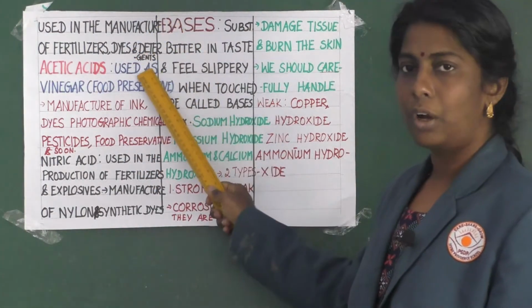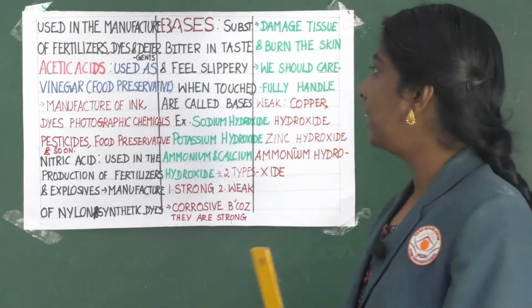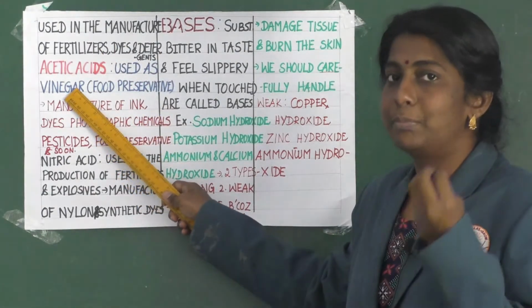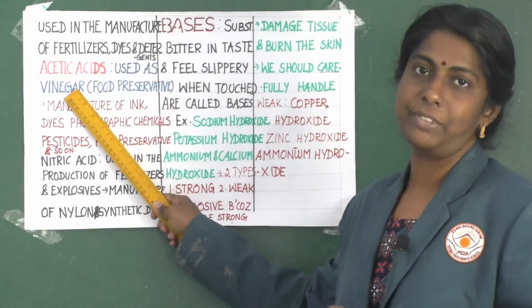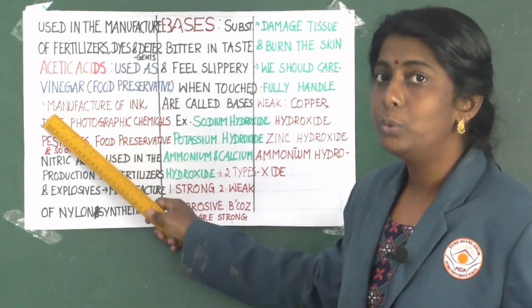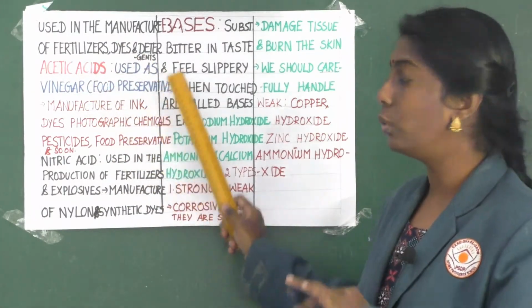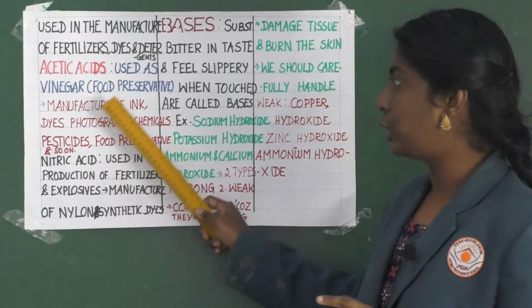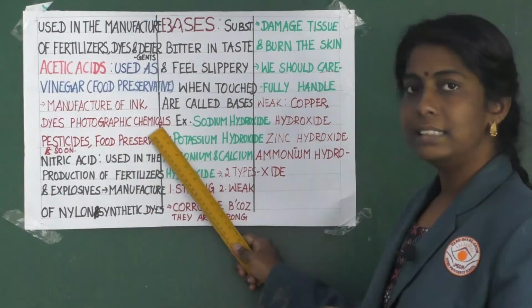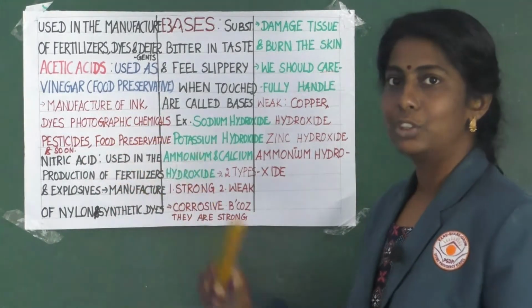Clear? Now, about acetic acid. It is used as vinegar, which is basically a food preservative. Apart from this, it is also used in the manufacture of ink, dyes, photographic chemicals, pesticides, food preservative and so on.